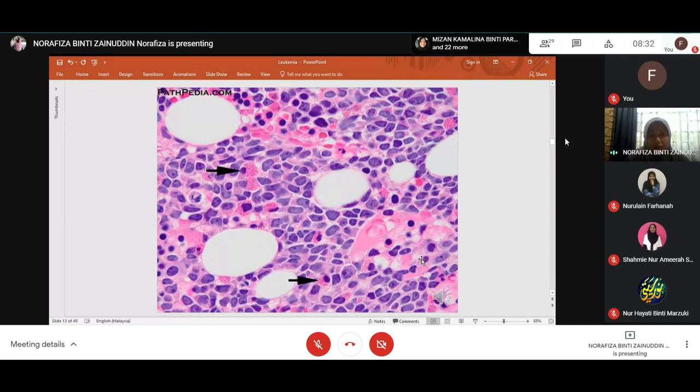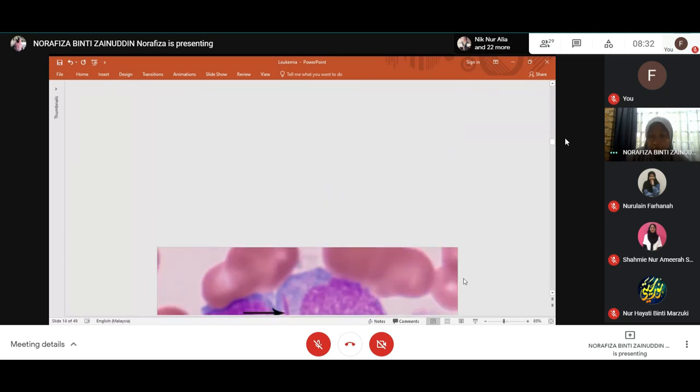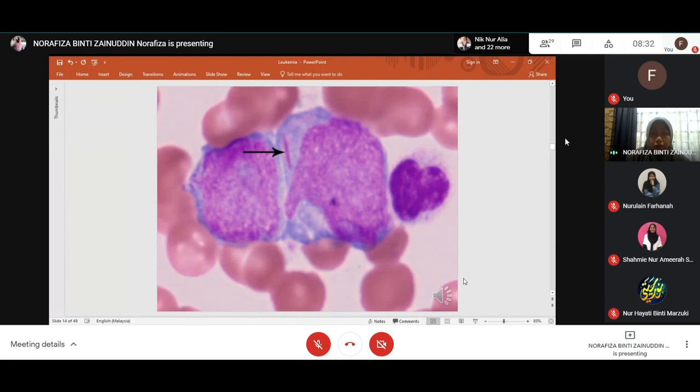They will be stained, how do I say, pink. I don't know what you see, but here it is very pink. There are also prominent nucleoli.